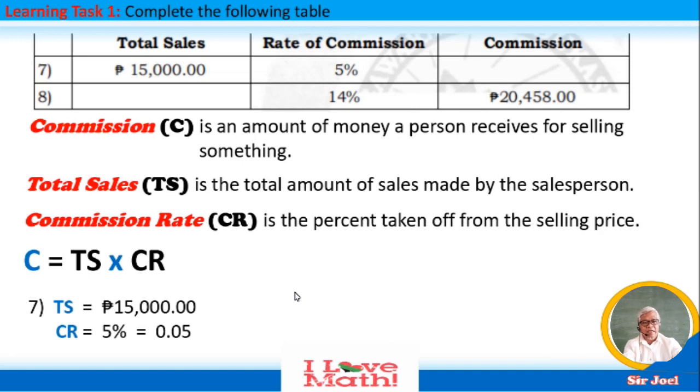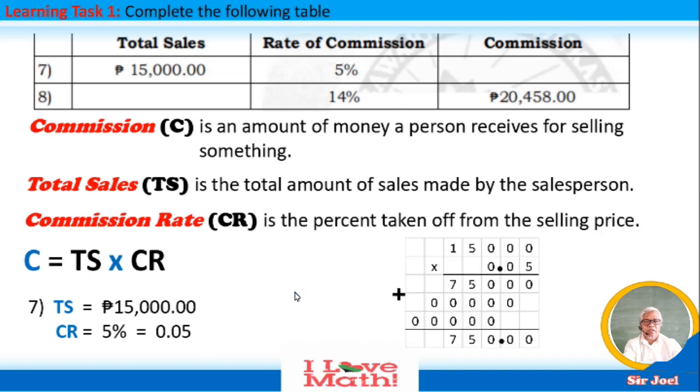Okay? Kaya ingat din. Now, to compute, commission is TS times CR, or total sales times commission rate. So, meron tayong 15,000 times 0.05. Kapag i-multiply natin ang 5 by 15,000, it is 75,000. Kita ninyo? Ang 0 multiplied by 15,000, 5 zeros. And next 0 multiplied by 15,000, again, 5 zeros.